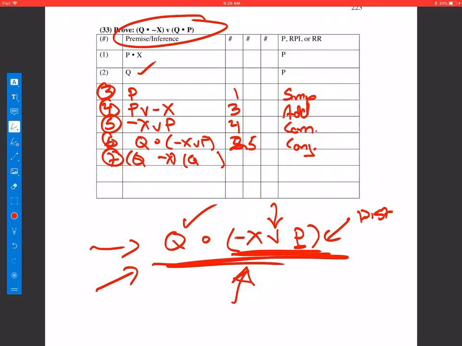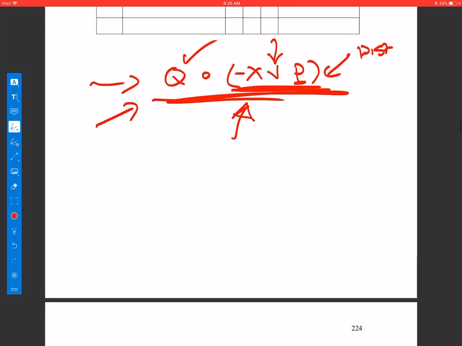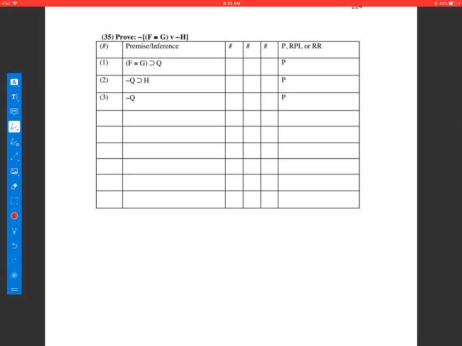We're going to distribute the Q to the not X and to the P. Major operator becomes the minor operator, and the minor becomes the major, and that was from 6 by distribution, and that is exactly what we were shooting for. All right, let's move on to another one.